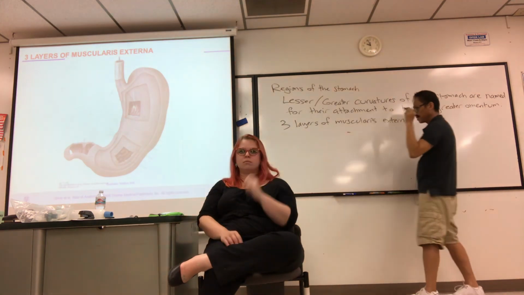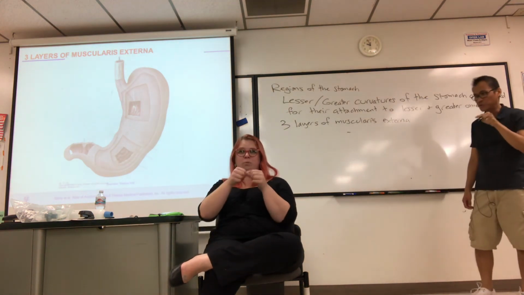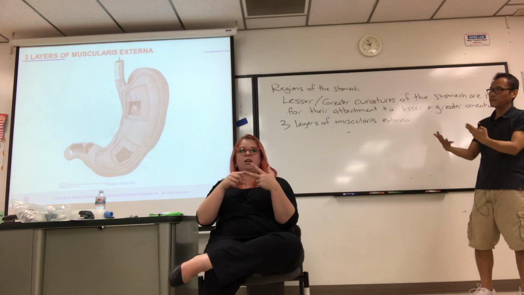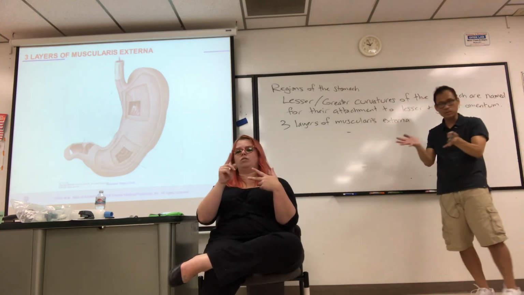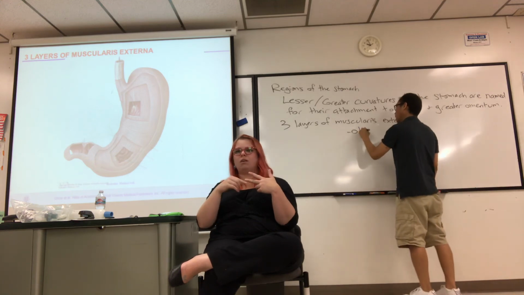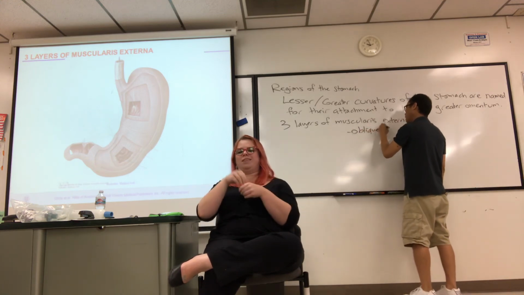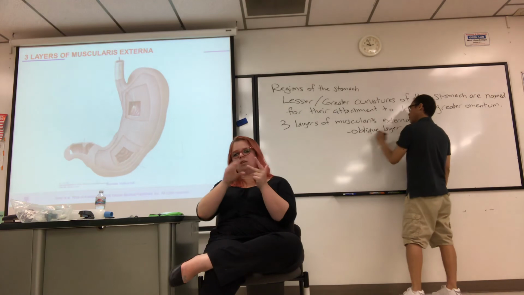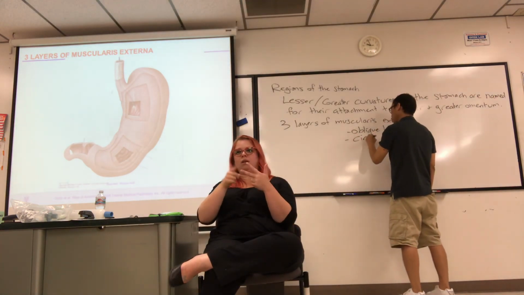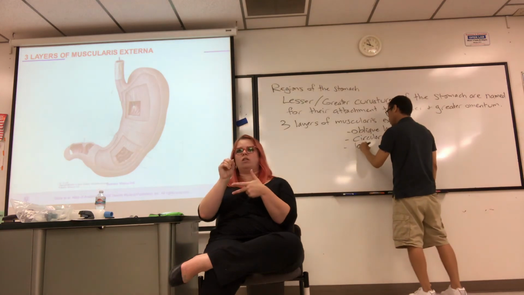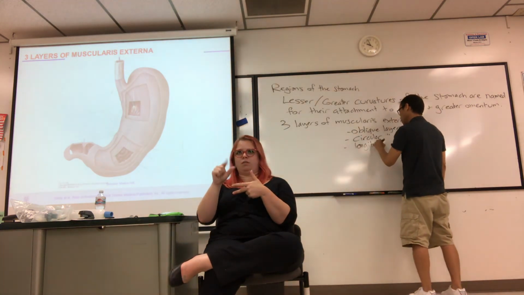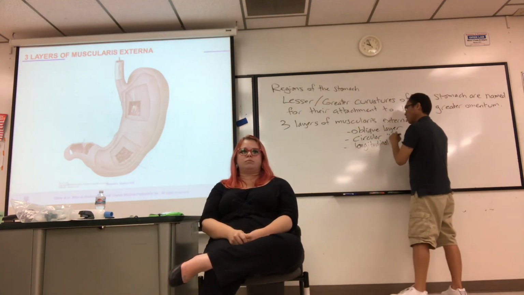Remember, it's the innermost one is circular then longitudinal, but this one, there's even an inside layer called the oblique layer. So the innermost layer is oblique layer. Then you have a circular layer, and you have longitudinal layer.